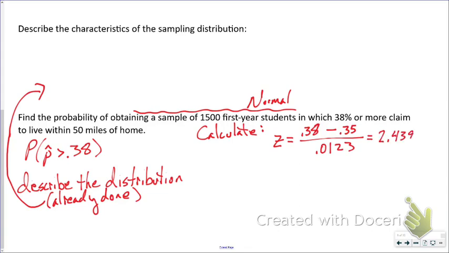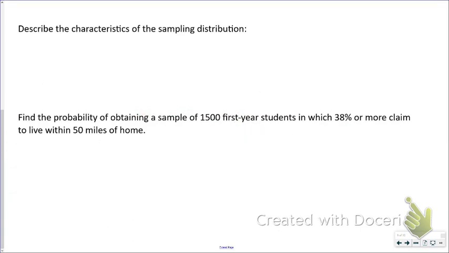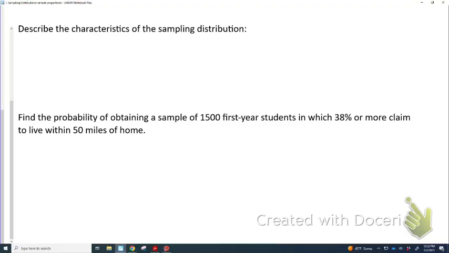Or you're just stumped. So now that we have the z-score, jump to normal CDF, and you type in 2.4390 for the lower, 999 for the upper. Let's just do it in case someone needs help.